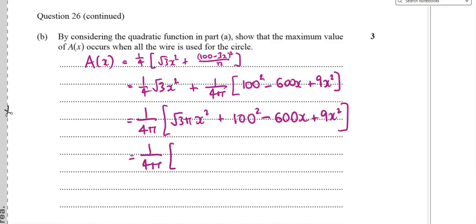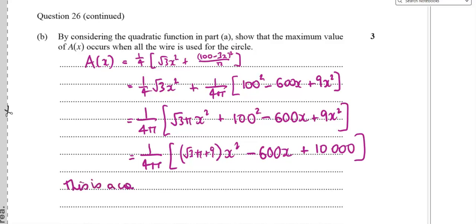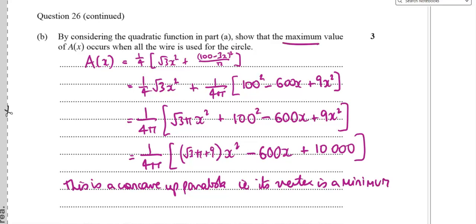So I have 1 on 4 pi. The coefficient of the x squared is root 3 pi plus 9, minus 600x plus 10,000. All right. This is a convex parabola, i.e. its vertex is a minimum. That's not useful to us because we're looking for the maximum. Therefore, the maximum must occur at one of the endpoints.